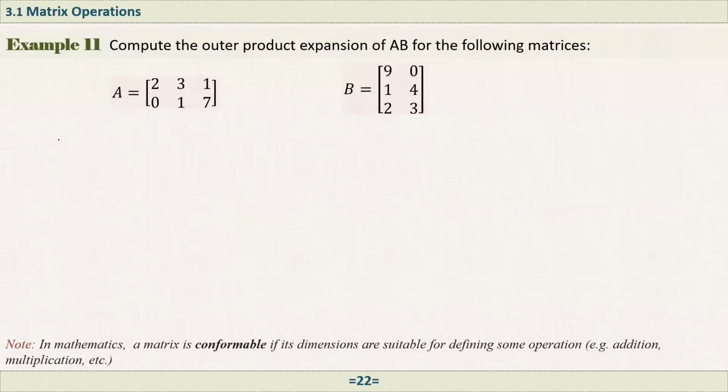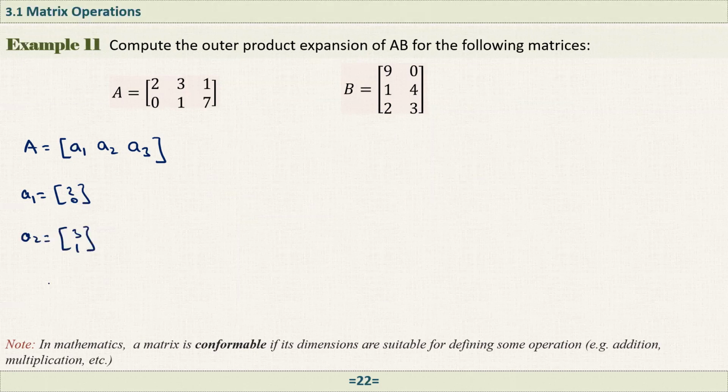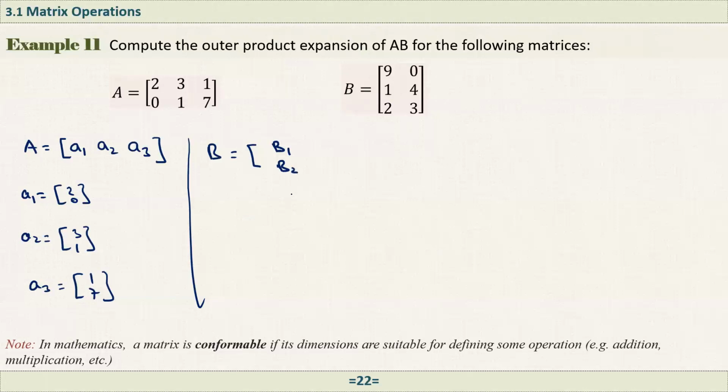Compute the outer product expansion of AB for the following matrices, right? To do this one, first we need to write A as its columns. So here we have, let's say, A1, A2, A3, where A1 equals 2, 0, and A2 equals 3, 1, and A3 equals 1, 7. And how about B? We can write B as its rows. So this one is B1, the first row, B2, the second row, B3, the third row.